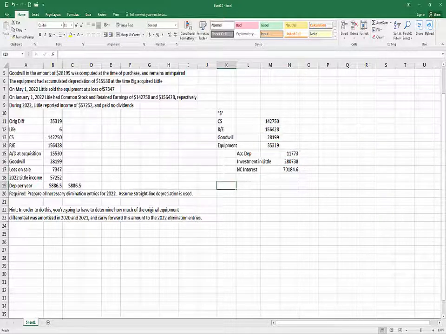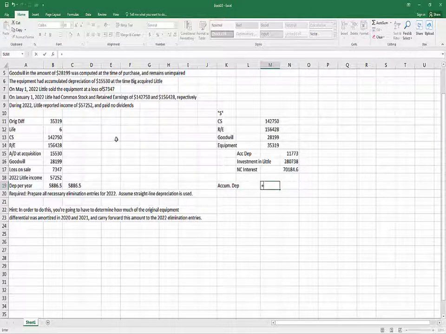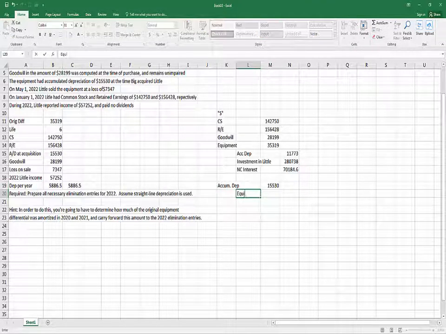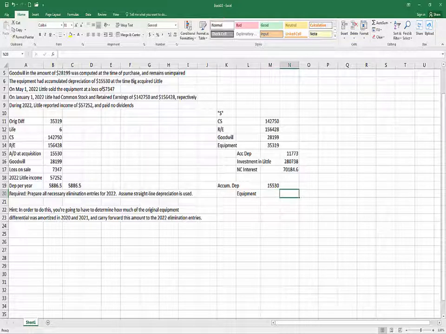Okay, we also have to do that elimination entry to eliminate the date of acquisition accumulated depreciation. So we're going to go ahead and debit accumulated depreciation for the date of acquisition accumulated depreciation and credit the equipment for the same amount. And again, that entry is going to be repeated every year for as long as we own the asset.